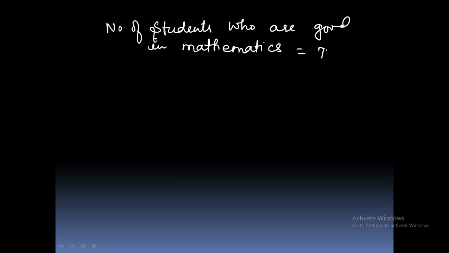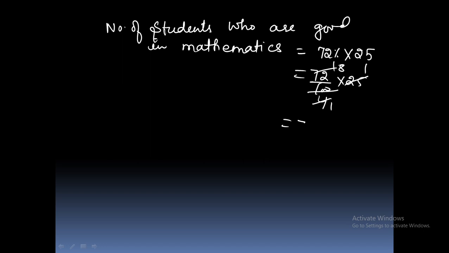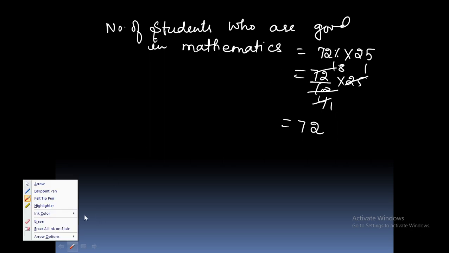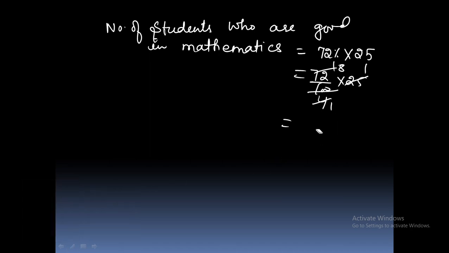That is 72% of 25, meaning 72 by 100 multiplied by 25. 25 ones are 25, 25 fours are 100, 4 ones are 4, 4 eighteens are 72. That is, out of 25, 18 students are good in mathematics.